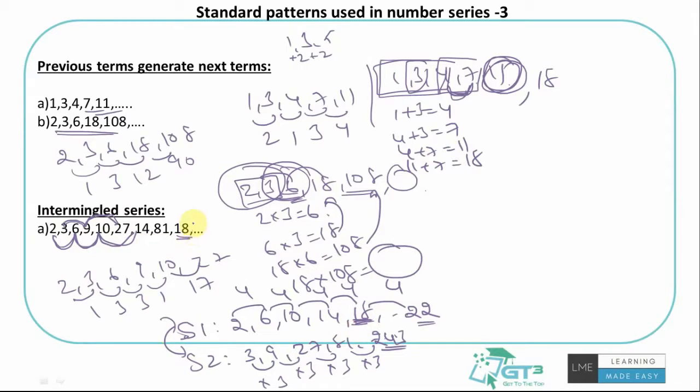So obviously the next term would be part of the second series. After 81, whichever term will come would be the next term. After 243, I'll have 22 again. Now that's how this intermingled series works. So these are some standard patterns that would generally help us solve the questions. Standard patterns which are most probably used in most of the questions.